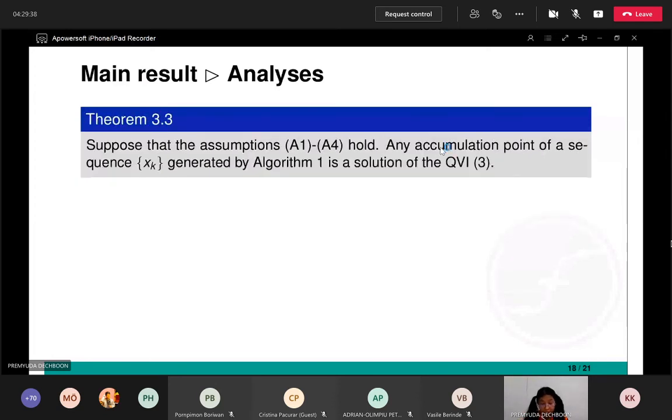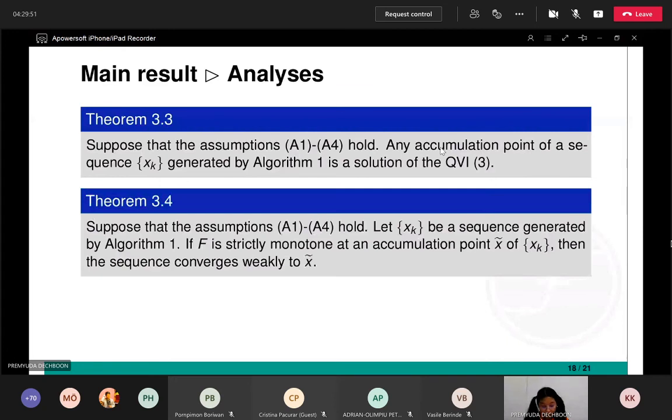After that, we show that any accumulation point of the sequence xk generated by algorithm 1 is a solution of the quasi-equilibrium problem. And then we have shown that if F is strictly monotone and x tilde is an accumulation point of xk, then the sequence converges strongly to x tilde.